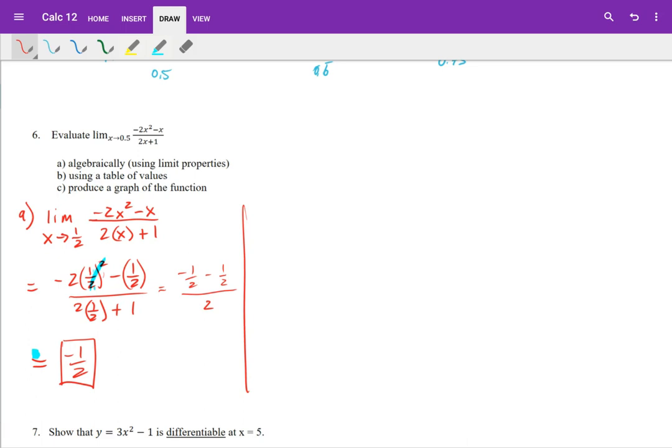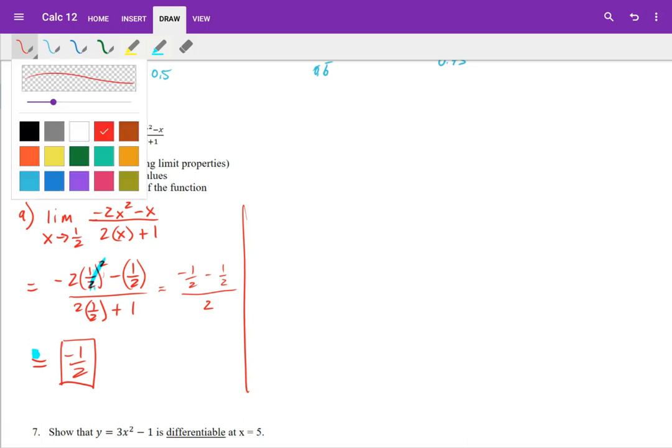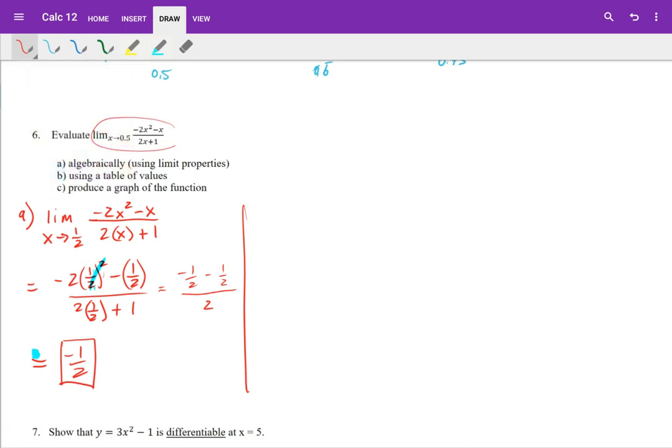I think what I was expecting to do is something different. Let's change this question. Let's do the limit as x approaches negative 1/2 of 2x squared minus x over 2x plus 1.